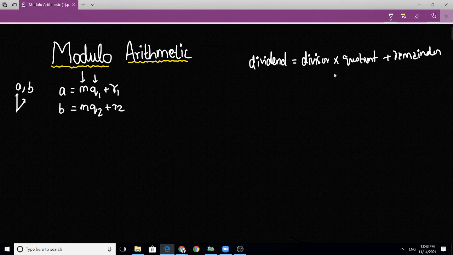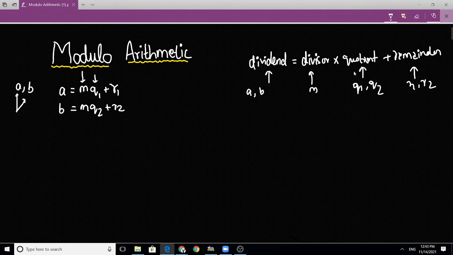So here m is my divisor, a and b are my dividends, q1, q2 are my quotients, and my remainders are r1, r2.